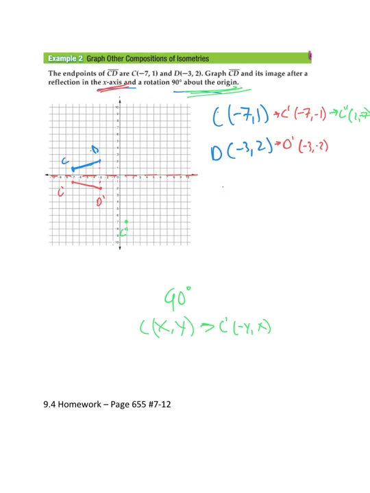And then D double prime is going to be, again, flip the ordered pair and change the first sign. So 2, -3. So guys, any of these compositions of isometries, it's just combining two or more transformations.